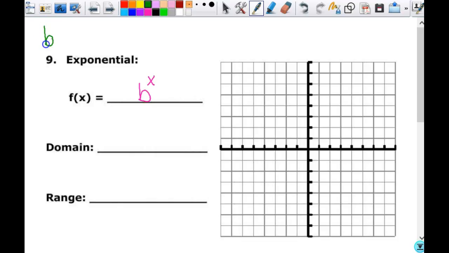We're going to do one where b is greater than 1. And for when b is greater than 1, we're going to use f of x is equal to 2 to the x. So then use your colored pencil, say I would use purple, to make the t part of the t table, so you don't have to actually write numbers in it.